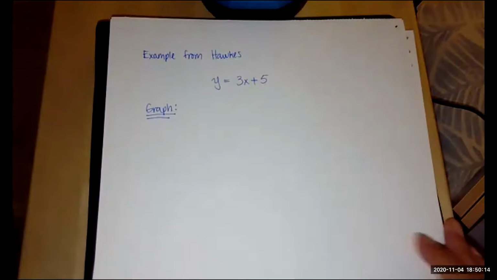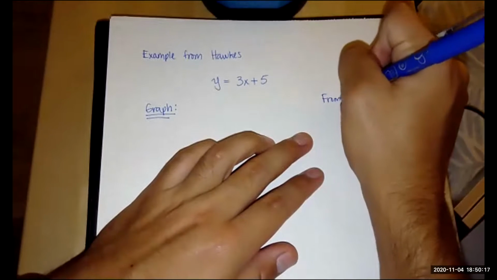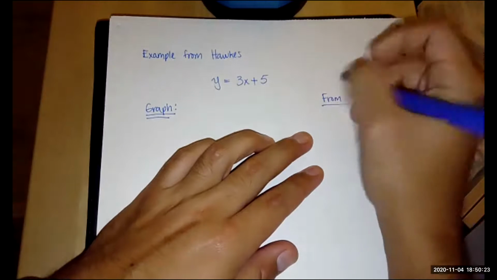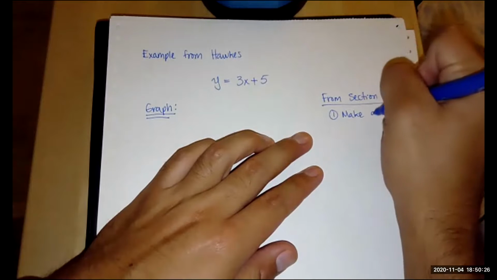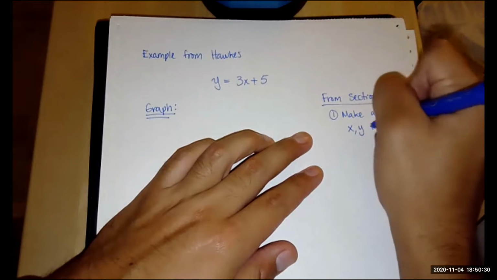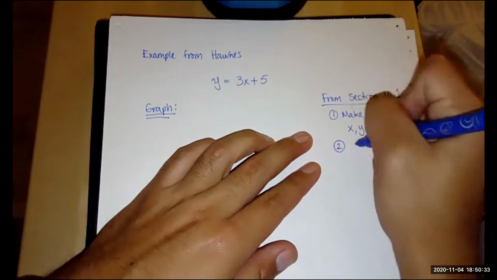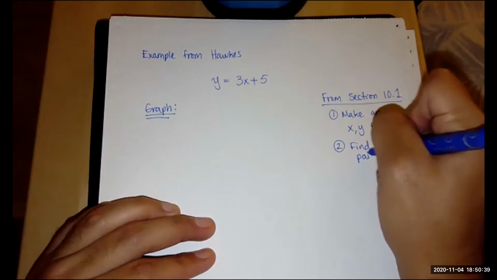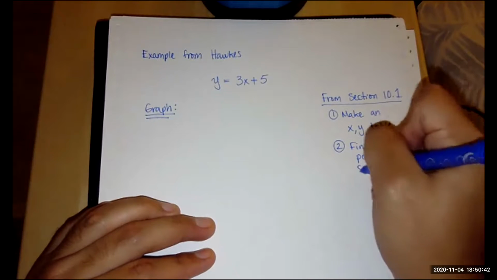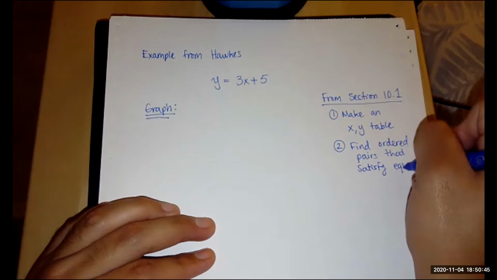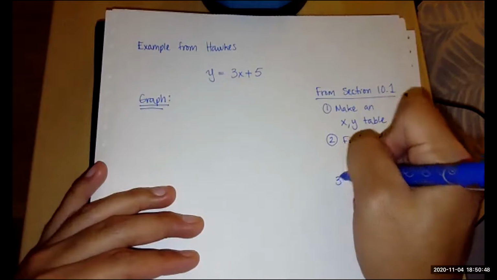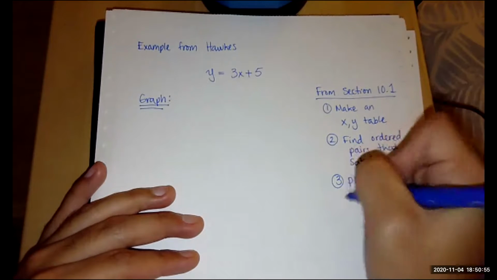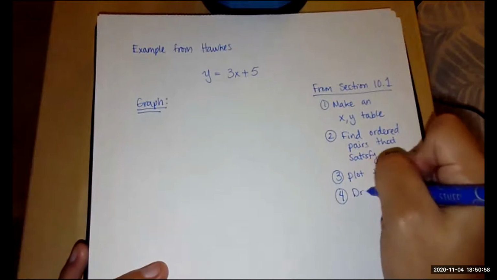If we want to graph this equation from section 10.1, I said we would need to make an XY table, find the ordered pairs that satisfy the equation, plot the points, and then draw a line through them.